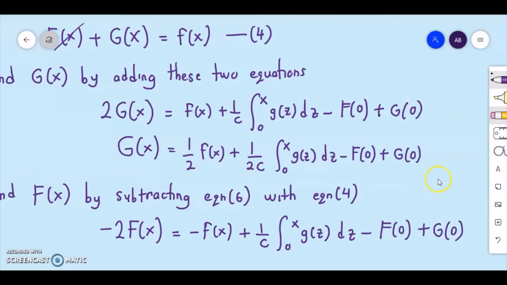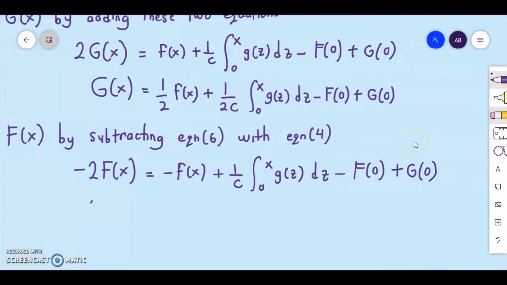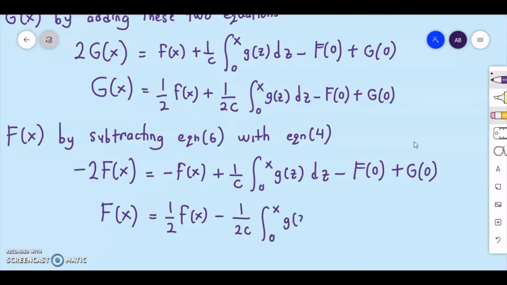Okay, now divide by 2 and multiply everything by negative. So negative will be positive fx. And don't forget 1 over 2, positive will become negative: 1 over 2c integrate from 0 to x gz dz.